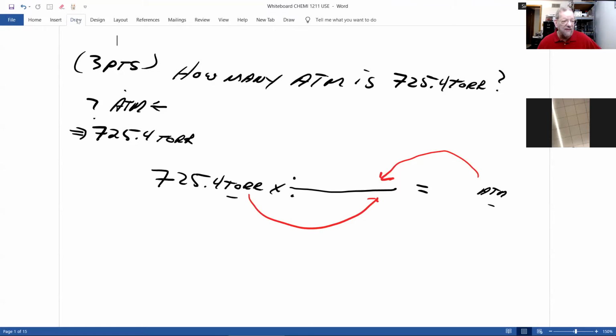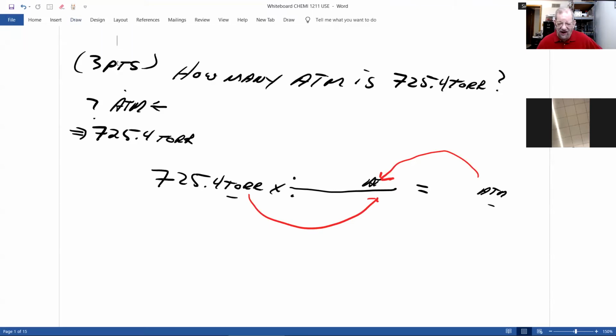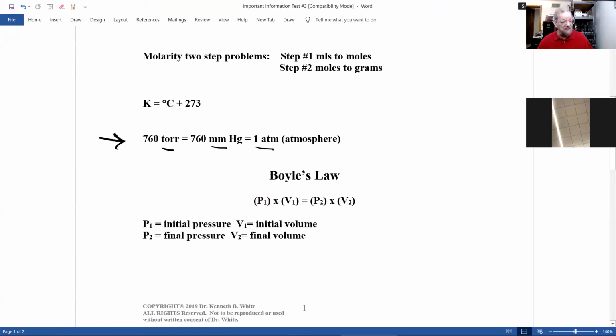And now, remember, as I mentioned yesterday, let the paper do your thinking. So if I were taking a test, first I'd write this in instead of keeping it in my head. And then I would say, where do I find a relationship between torr and atmospheres? Well, it's in important information, test number 3. And here's 760 torr equal 1 atmosphere.